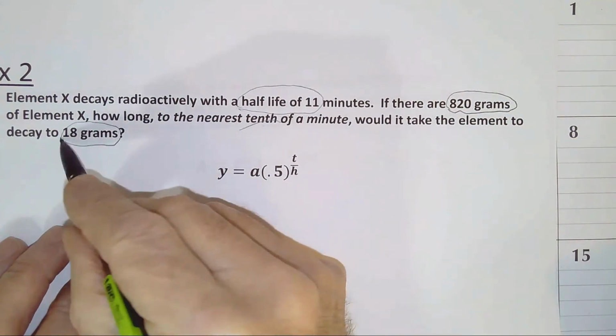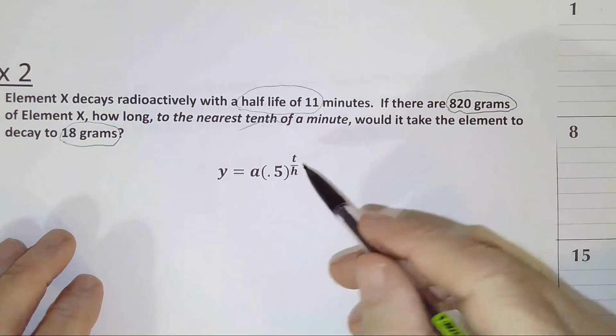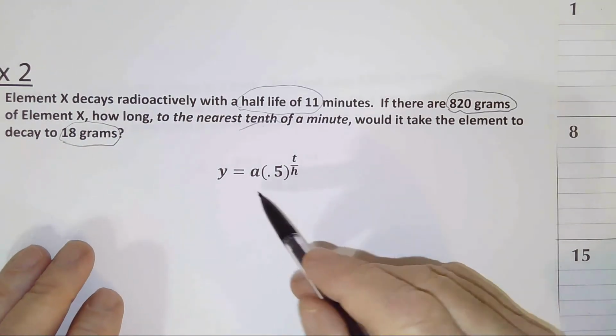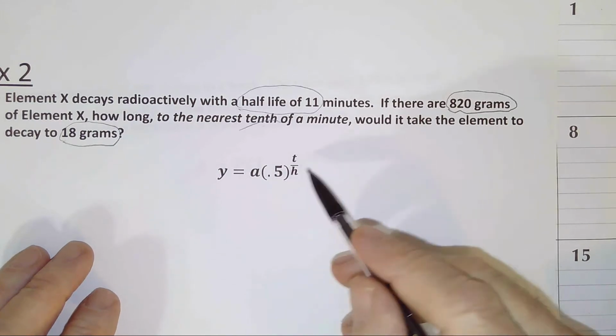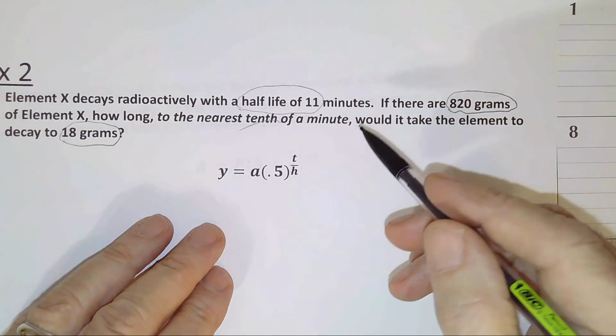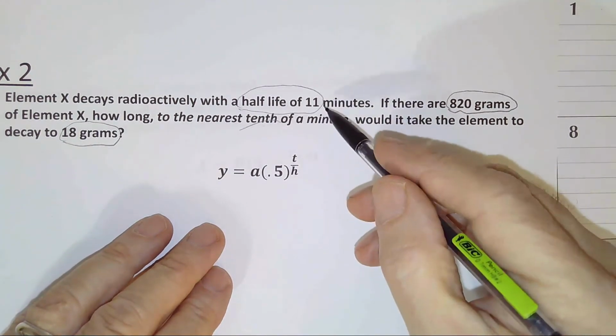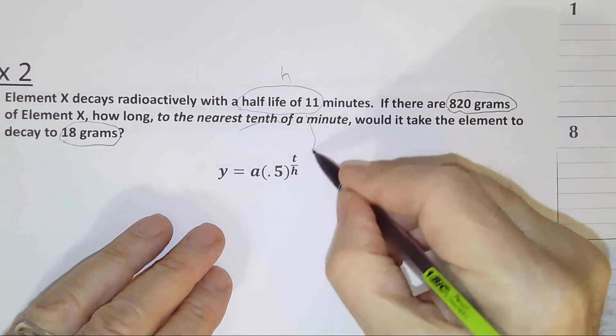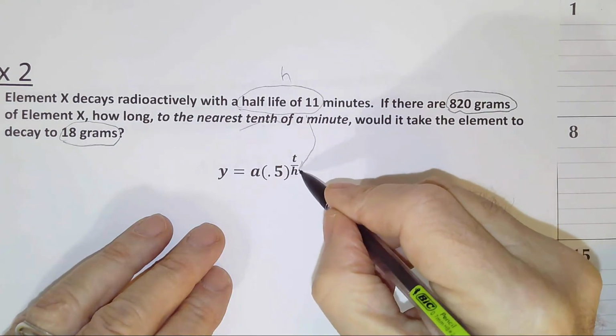All right. So this is a typical exponential function. And the formula for this would be y equals a times b to the x, but what we've got here is a half-life, and so this is going to be our h down here. That means half-life.